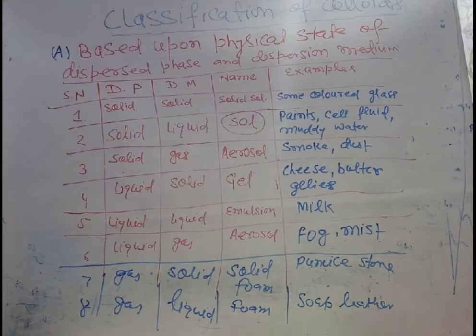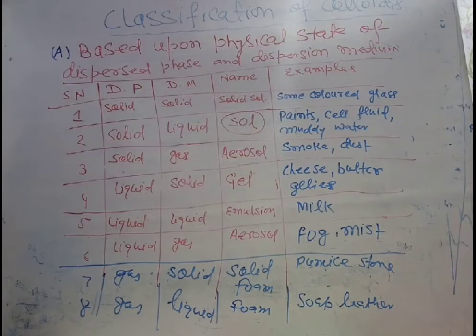Like in a binary solution, the solute can exist in all the three physical states, and the solvent can also exist in all the three physical states, and there are total 9 types of binary solution. Here also the dispersed phase may be solid, liquid or gas, as well as dispersion medium may be solid, liquid and gas, right?